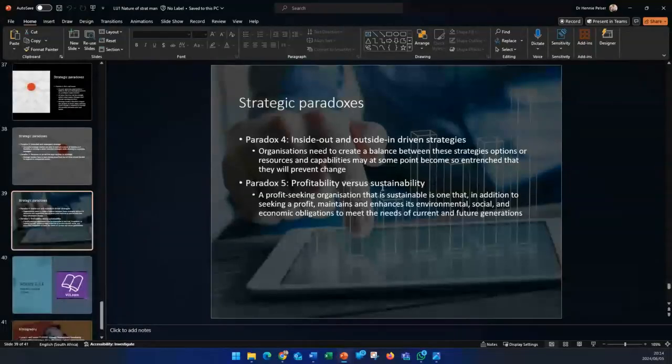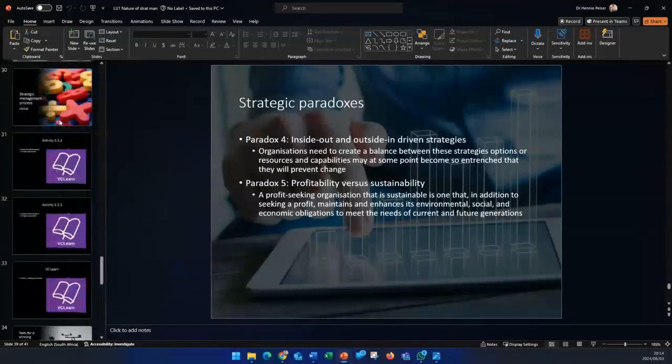Guys, and then inside out, outside in, you would have learned that already. And then profitability versus sustainability. How much do we focus now on keeping our shareholders happy versus how we worry about keeping future shareholders happy? So those are the 3 there that you are likely to see.